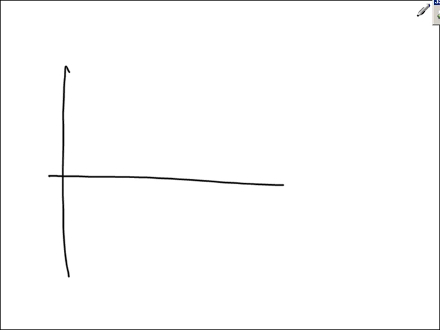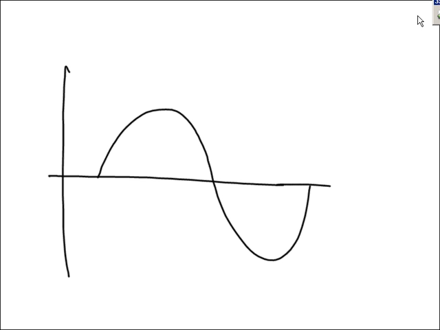We talked about how to graph secant and cosecant graphs. And if you know how to draw sine and cosine graphs, they're going to be routine. For example, if you have this sine graph, how do you get the cosecant?